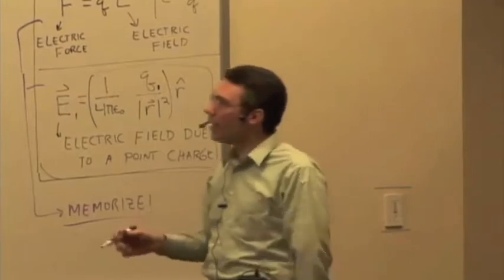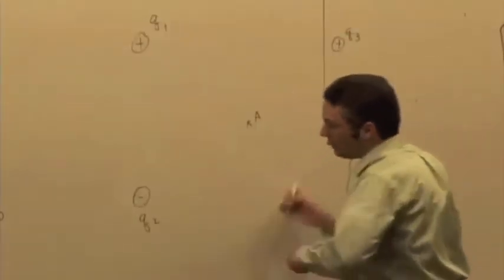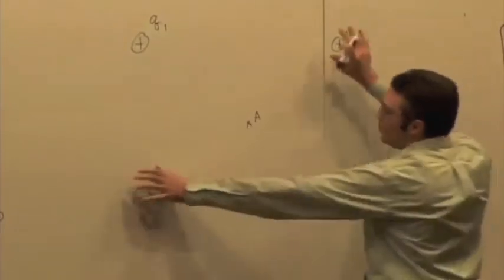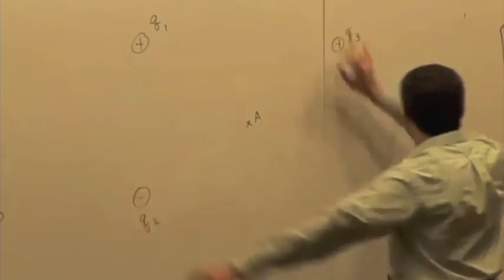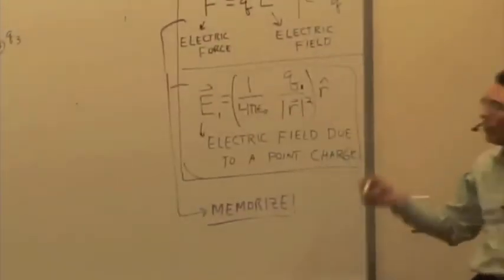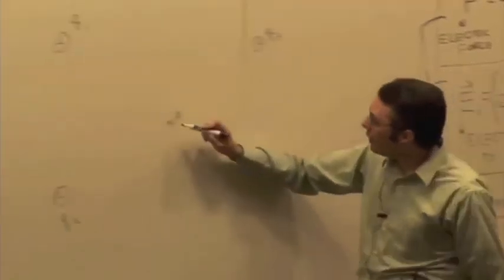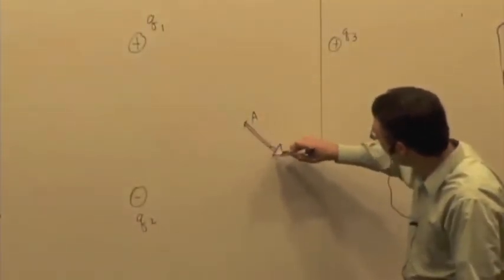So I would just say, okay, E1, I treat the situation as if Q2 and Q3 aren't here, and I just calculate what E1 is, and I would use our electric field of a point charge formula to find E1. And I know it would have to point away from that positive charge, so E1 would be in that direction.